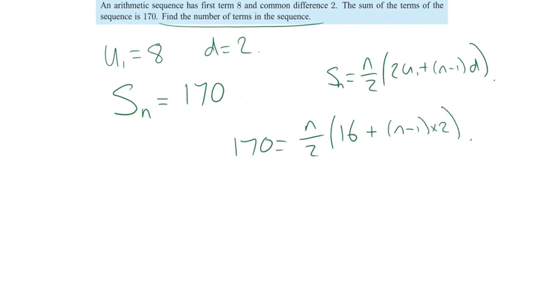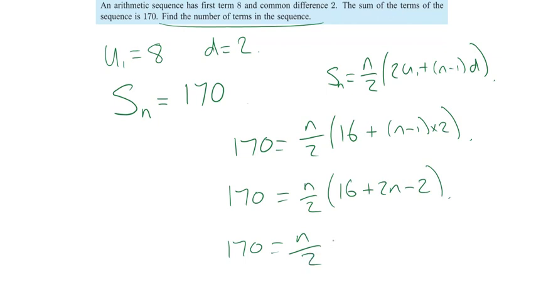Okay, let's carry on. Now, I think at this stage, what I'm going to do is just get rid of that bracket on the right-hand side and see what happens. So we'll have 170 equals n over 2 times 16 plus 2n minus 2, which is going to give us 170 equal to n over 2 times 14 plus 2n.